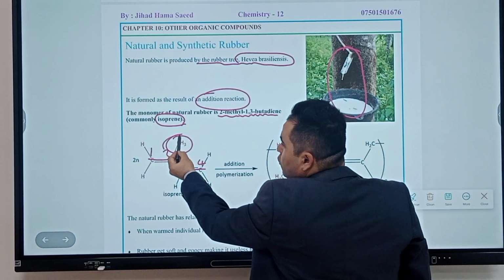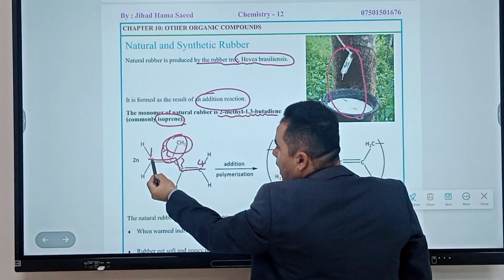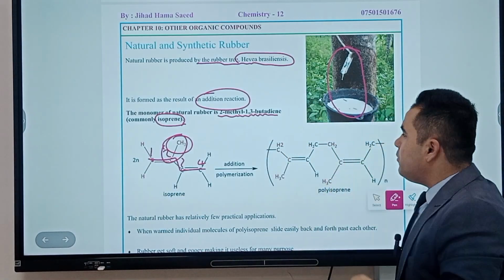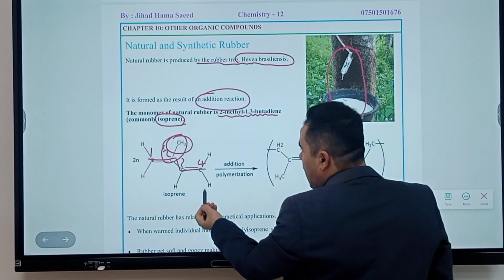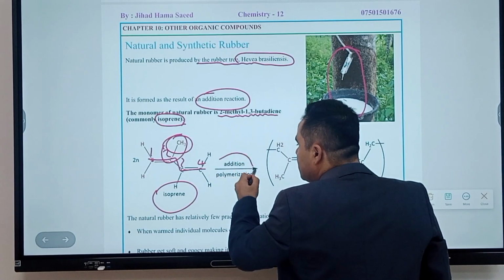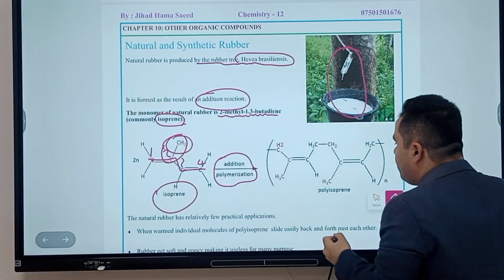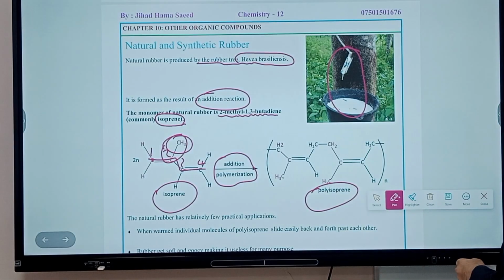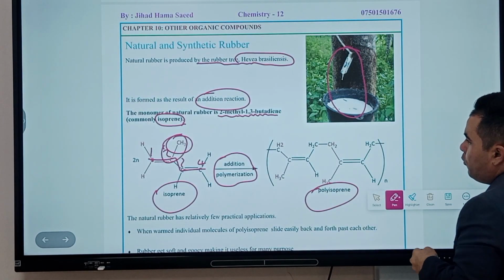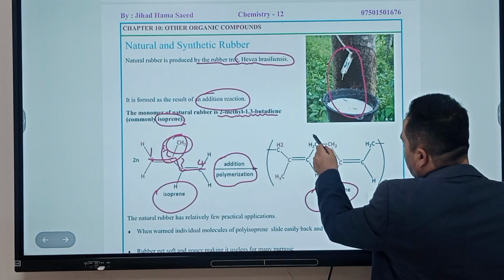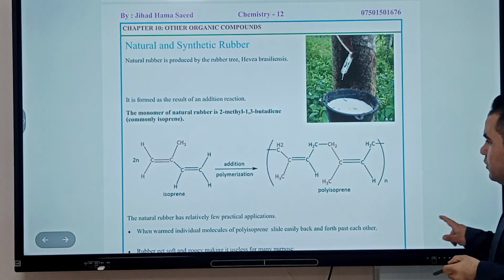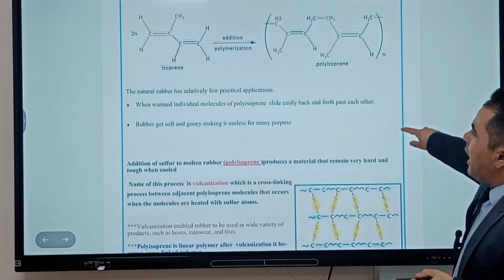The naming is 2-methyl-1,3-butadiene, with the two double bonds, which is isoprene. Isoprene undergoes addition polymerization to form polyisoprene, in which we have linkage of isoprene units with each other through the addition reaction.